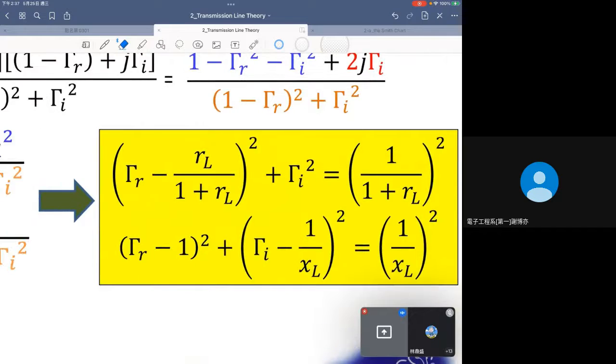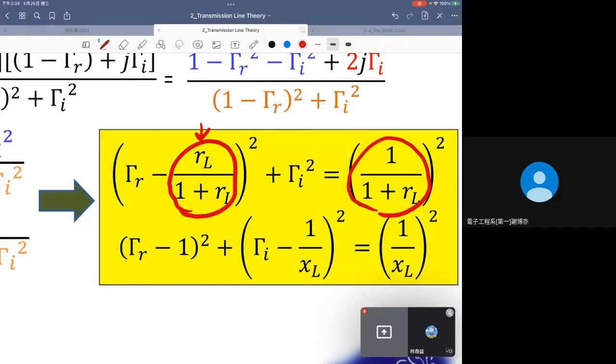For these two equations, for the first one, there is the center of the X shift, which is a position shift, and this is the radius of the circle.